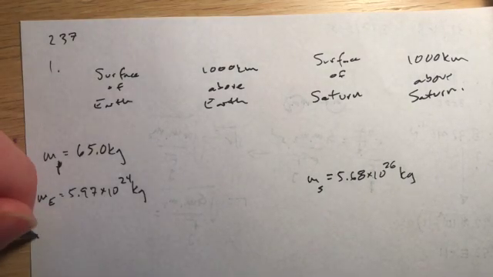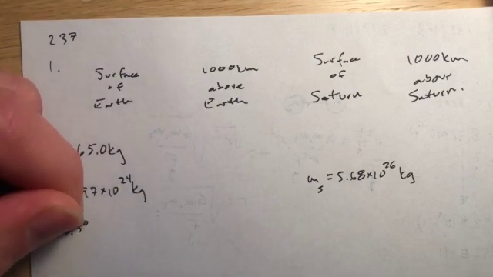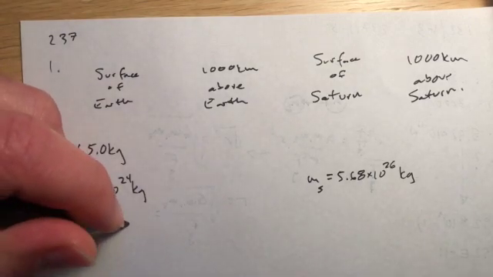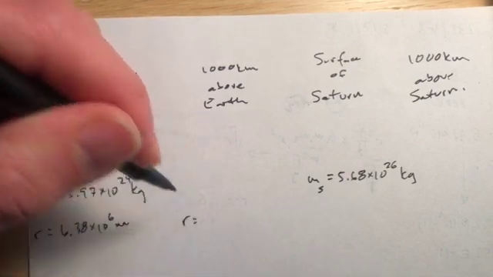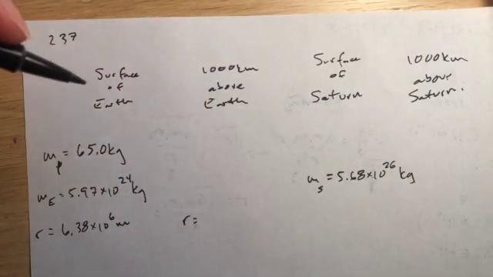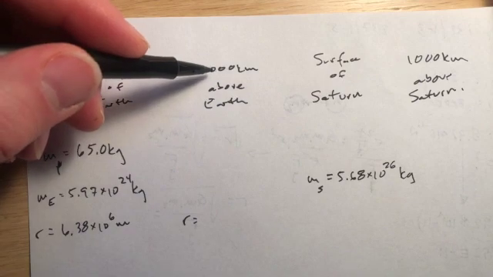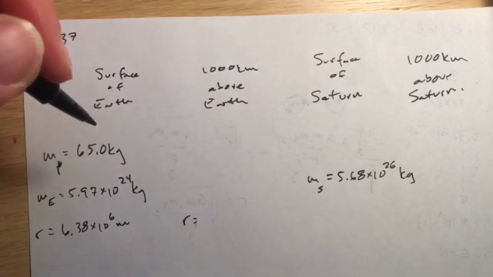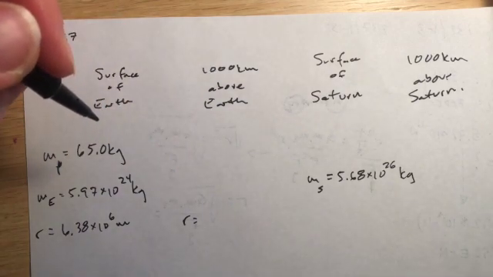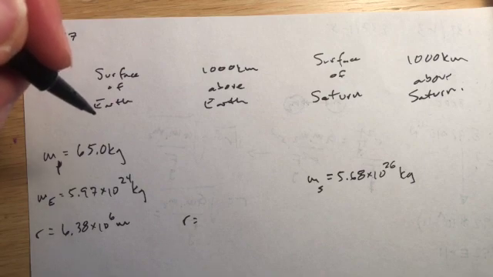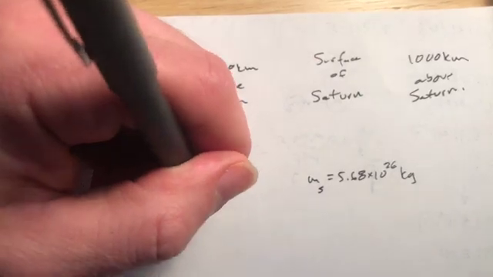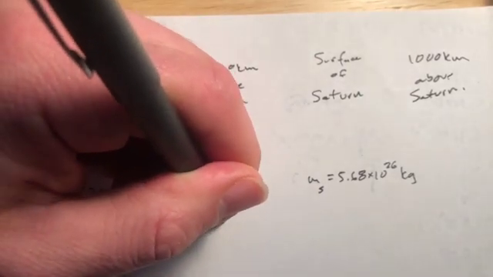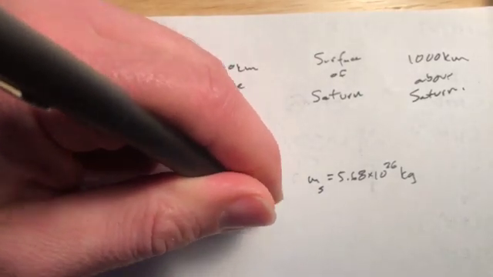The radius here for Earth is 6.38 times 10 to the 6th meters. 1,000 kilometers above that, though, we add 10 to the 6th meters. So that's going to be 7.38 times 10 to the 6th meters.